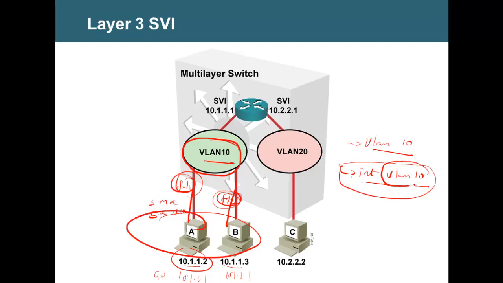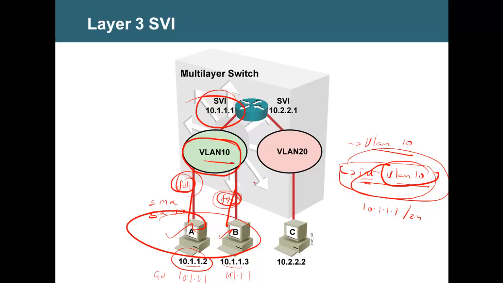Because I say interface VLAN 10, and I give IP address 10.1.1.1/24 under this interface. All these PCs now use this virtual interface as a gateway.